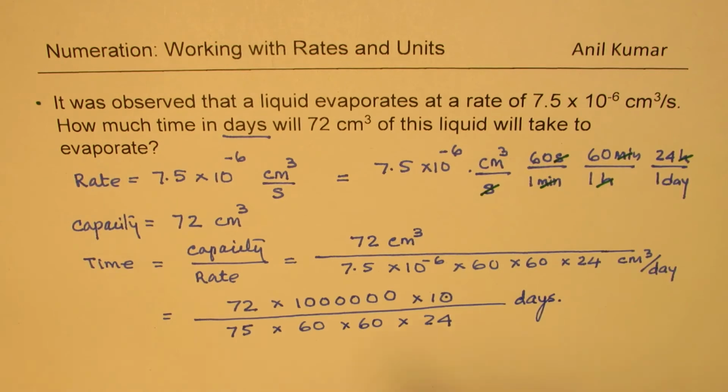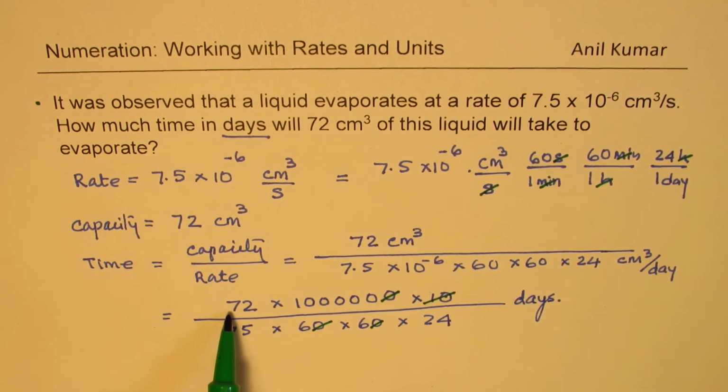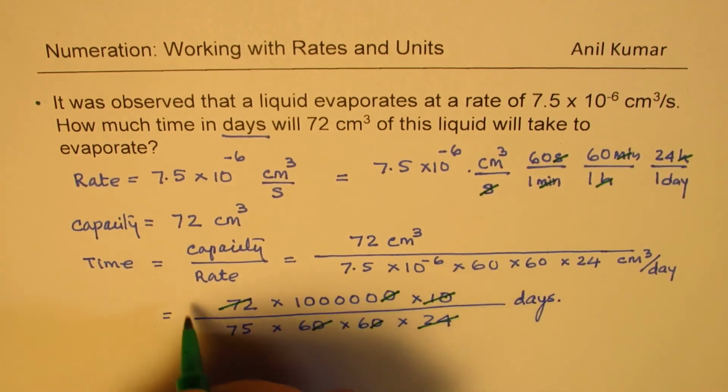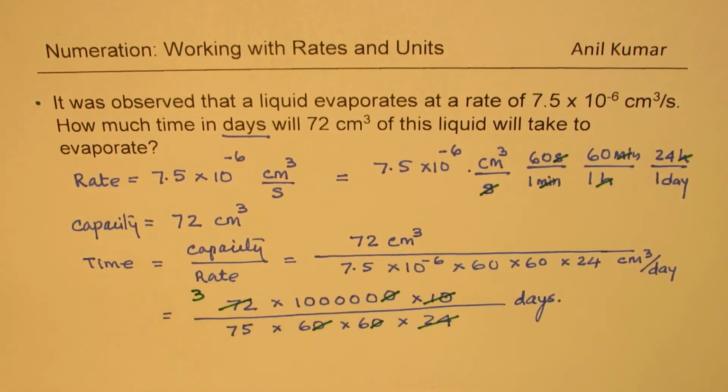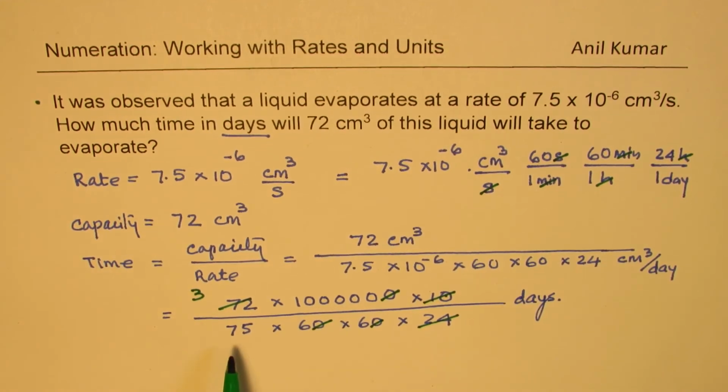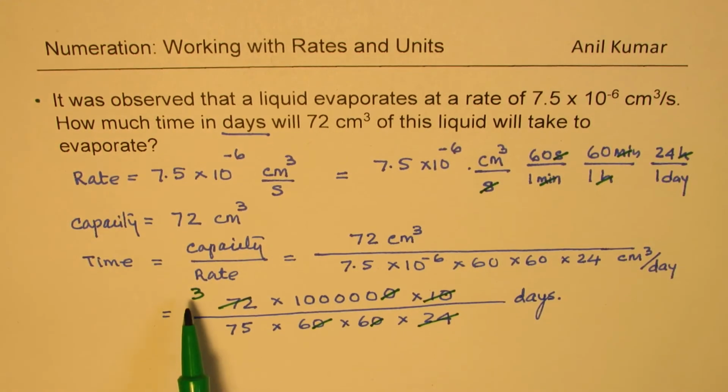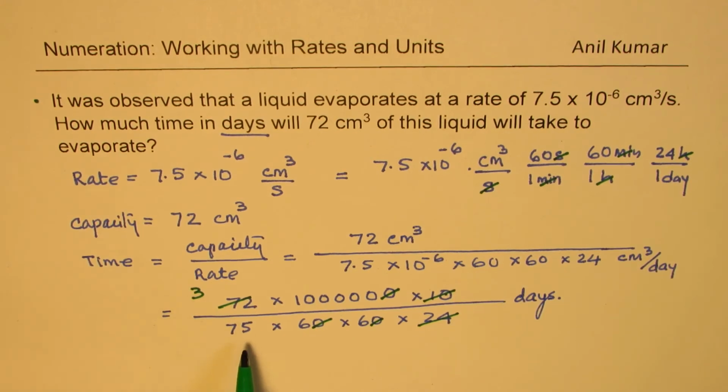Now see, the calculation is not so difficult. This 10 goes away with one 0, and the second 0 goes away with this. Now 24 will go 3 times into 72, since 4 times 3 is 12, so you get 3 here. Now 75, you could divide by 5 and also by 3, so let's do it in steps. You could divide by 25 also.